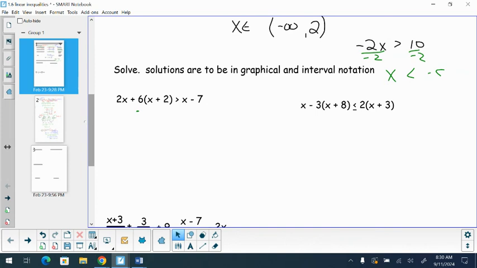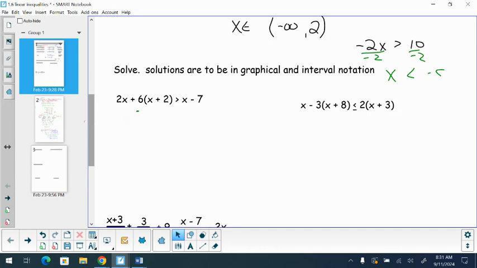Again, just watch your negatives here. You're solving an inequality just like you solve an equation.